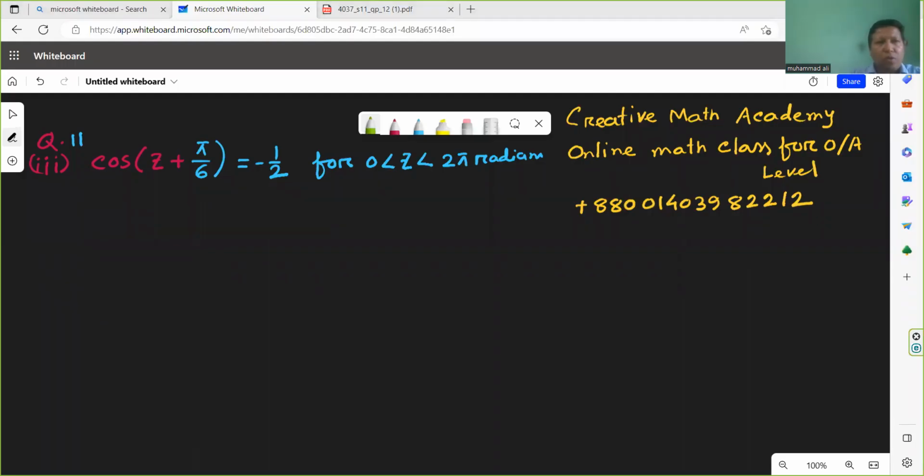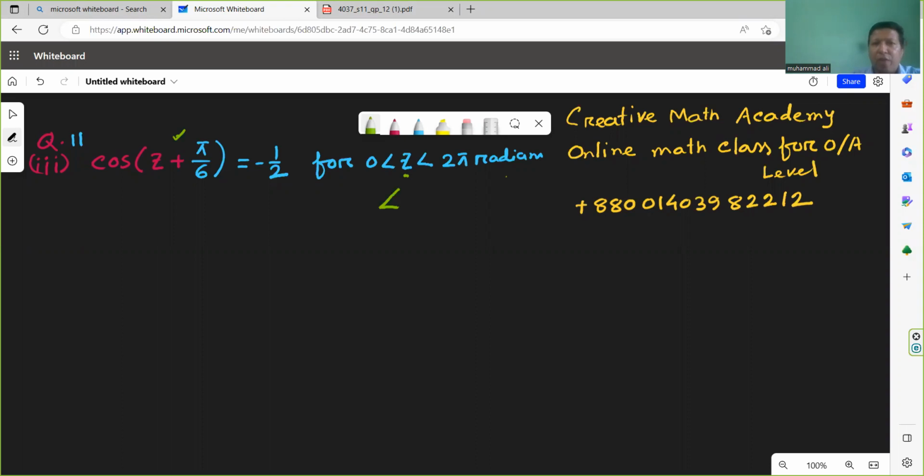Of course, the first bracket: z plus pi by 6 equals minus 2, for z greater than 0 and less than 2 pi radians. We have to convert our calculator into radian mode, and we try to adjust the interval also. Here for z, the interval is 0 to 2 pi. But here our angle is z plus pi by 6.